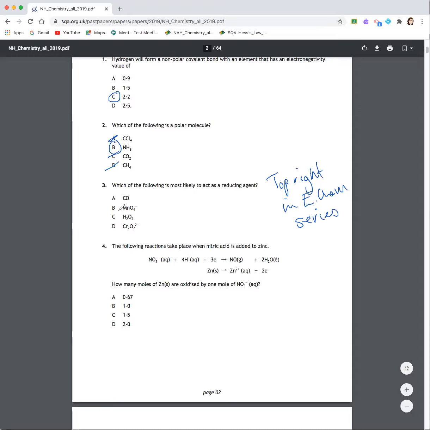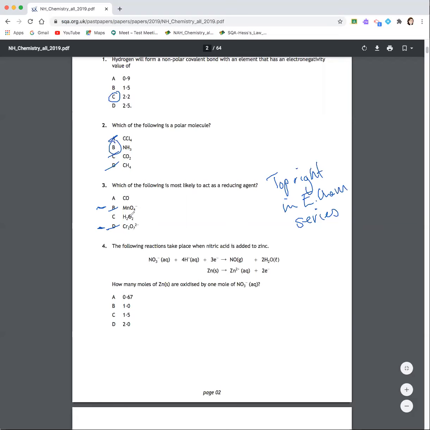If you looked up the electrochemical series, you would find that only B and D are listed in there, and they're at the bottom left corner, and that's where the best oxidizing agents are. So permanganate and dichromate, which is what B and D are, are actually oxidizing agents, so they are not accepted answers as a reducing agent. So top right for reducing agents, bottom left for oxidizing agents.